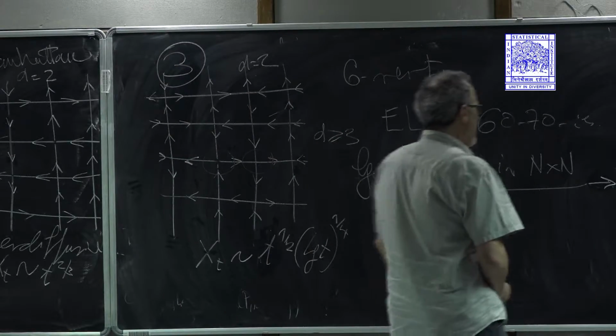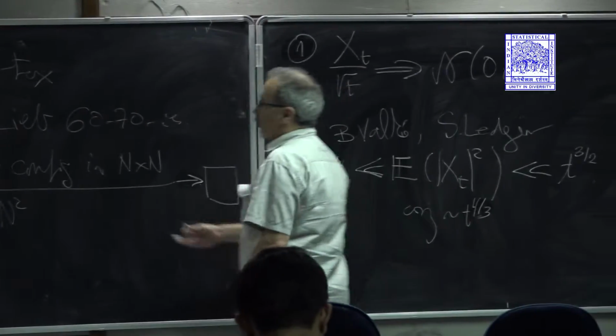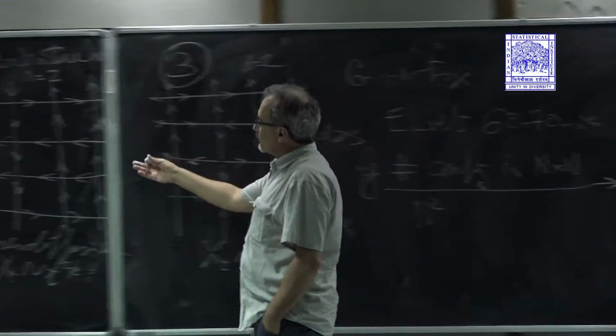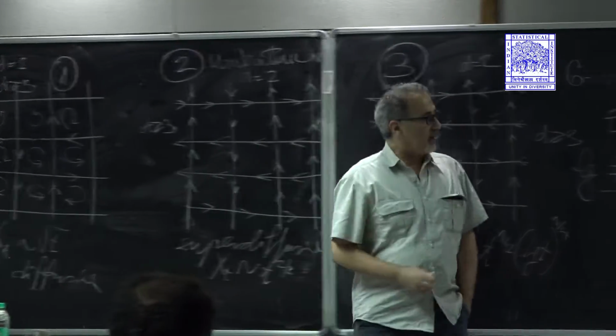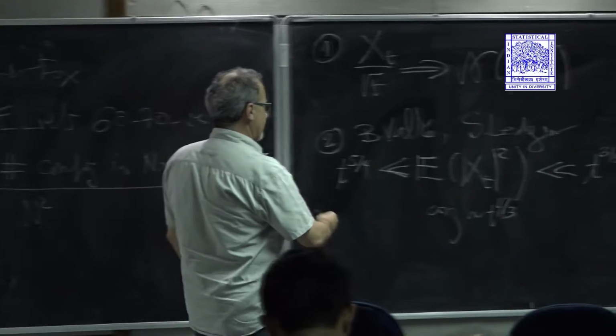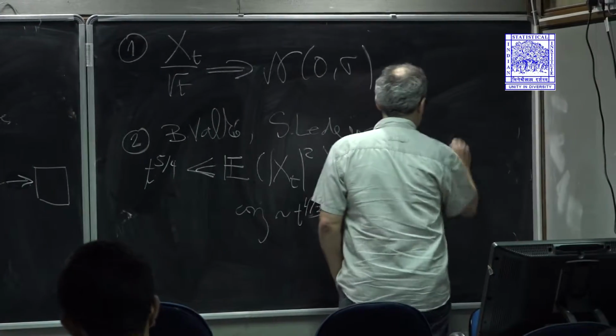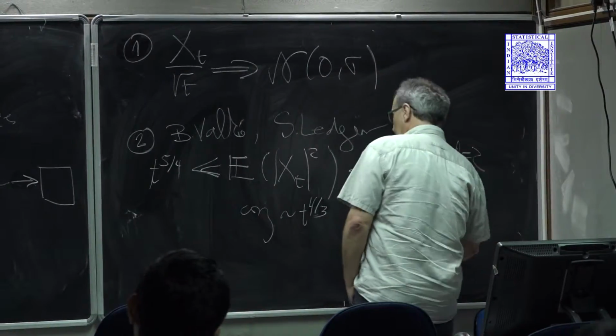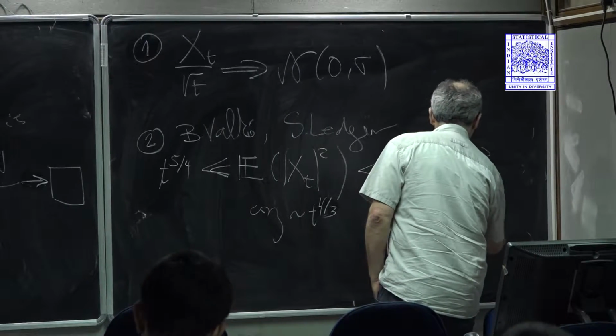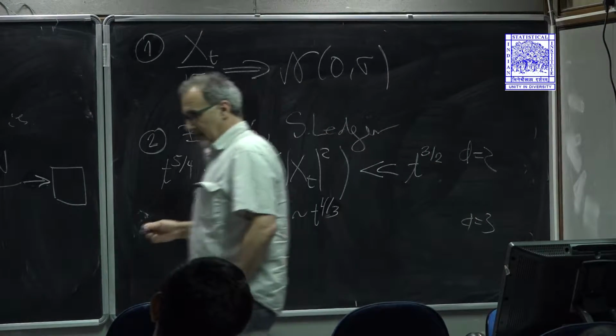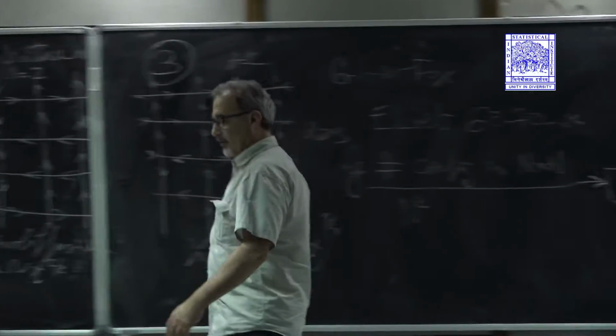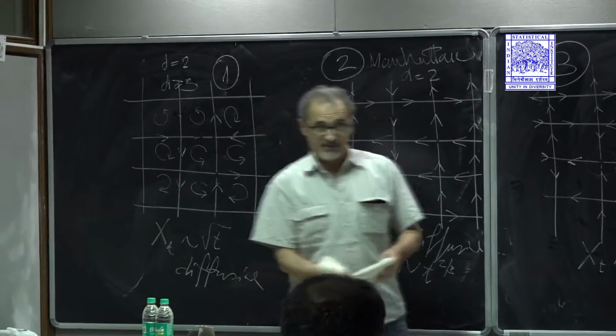Yeah? Now, just in all dimensions, so you can go up to higher dimensions. In the second case, this is d equals 2. In d equals 3, in the same paper, we still have super diffusive bounds.